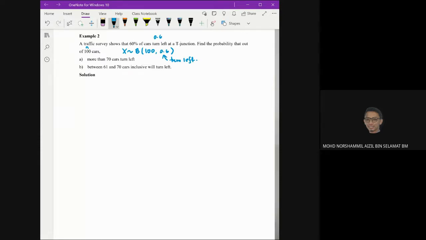Okay. So since our n is big, therefore we need to convert to normal. So what is our mu, guys? Mu is np, right? 100 times 0.6, so you get 60. Variance is npq.